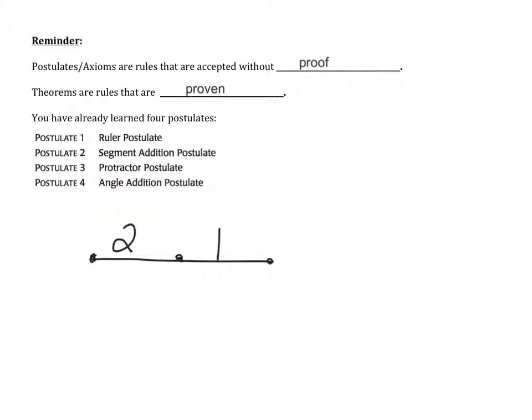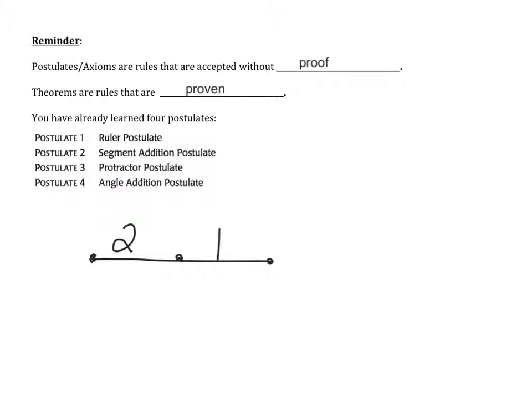The third postulate was the protractor postulate, which was much like the ruler postulate. It basically just said that you can line a protractor up with an angle and measure the angle with the protractor. The fourth postulate is the angle addition postulate, which was much like the segment addition postulate.